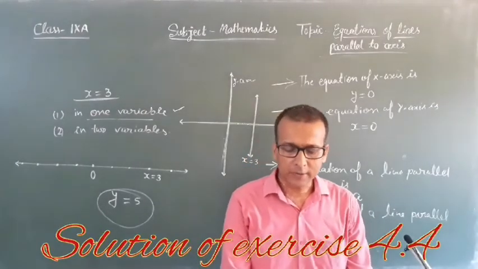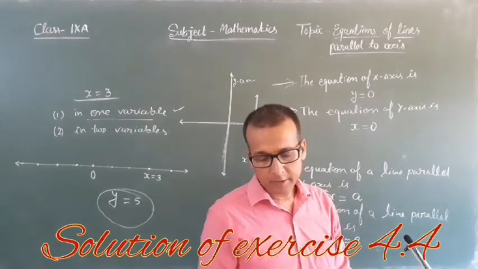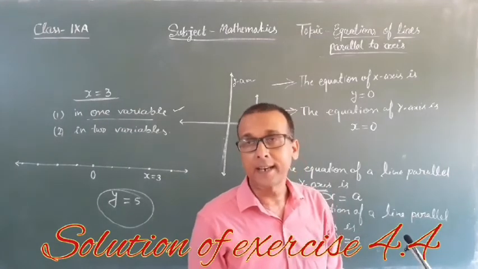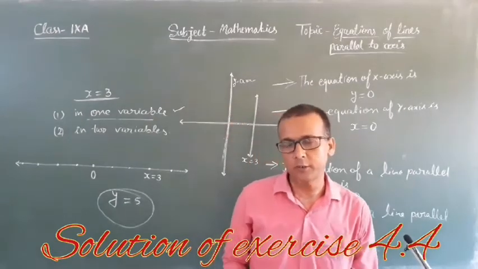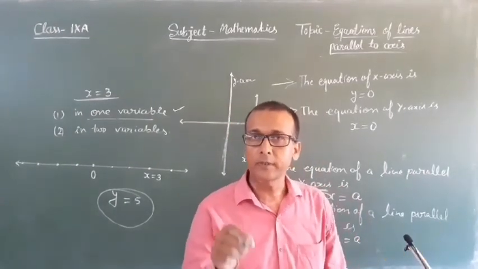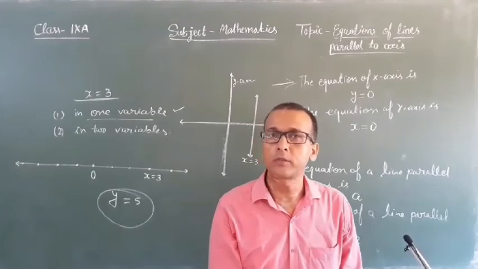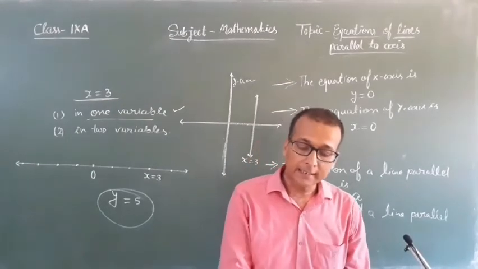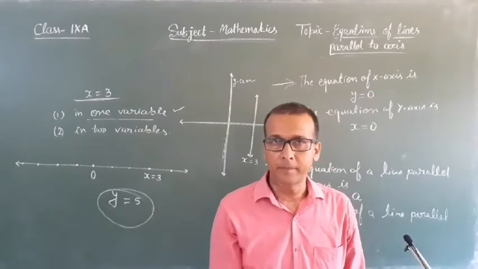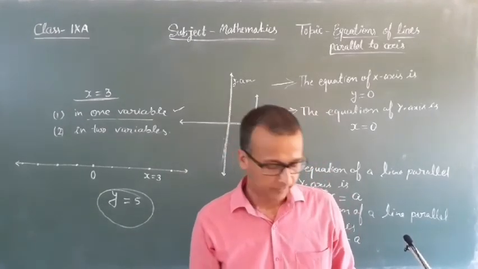There are only two questions. The first is, give the geometrical representation of y is equal to 3. It will definitely be parallel to x-axis when you take it in two dimensions as two variables, and when it is one variable then it will be a point on the number line.